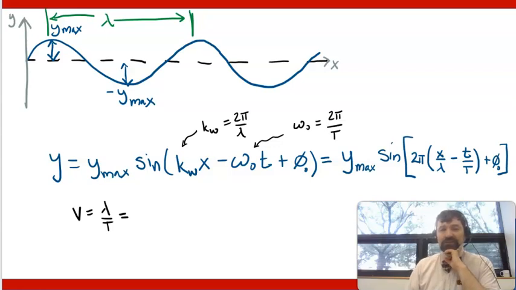So this right here is actually given by the angular frequency omega naught divided by the wave number k_W.